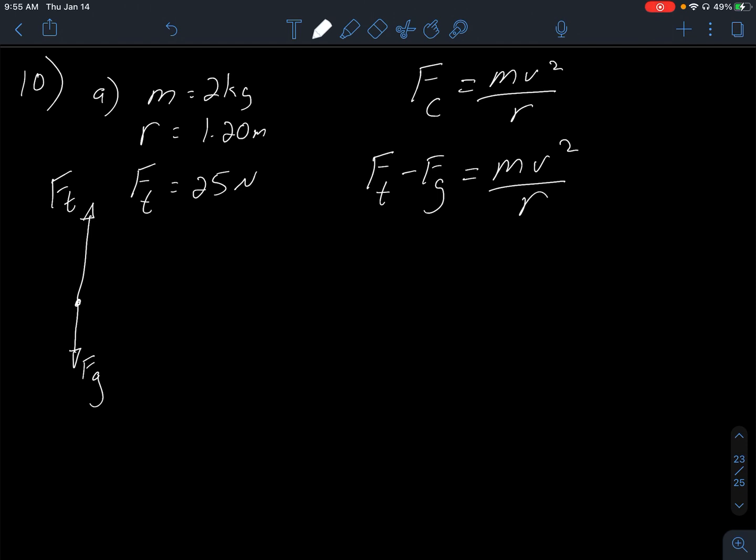There we go. So we're looking to find the speed of the bucket. So we have tension being 25 newtons minus our 2 kilogram mass weighing, let me go ahead and use 10 here.